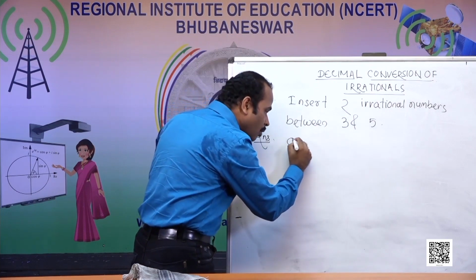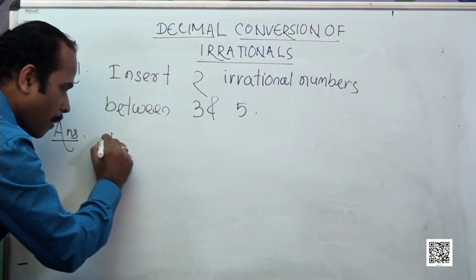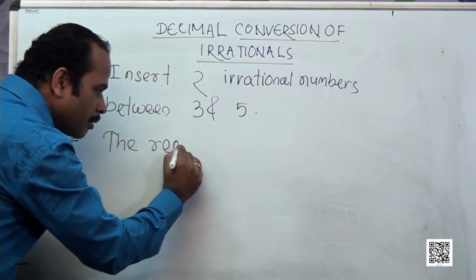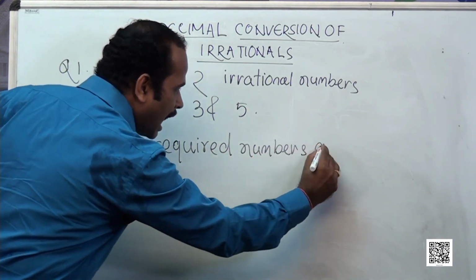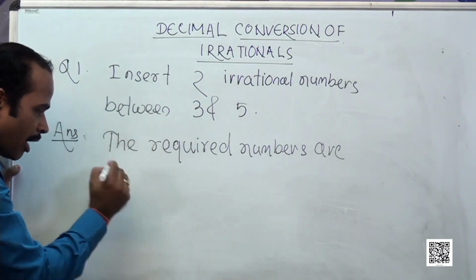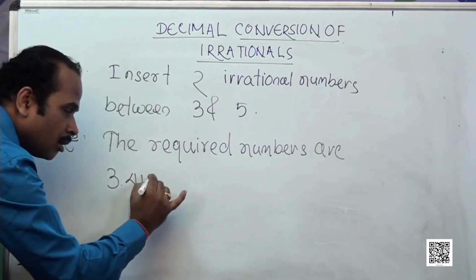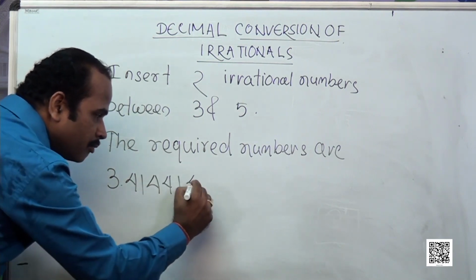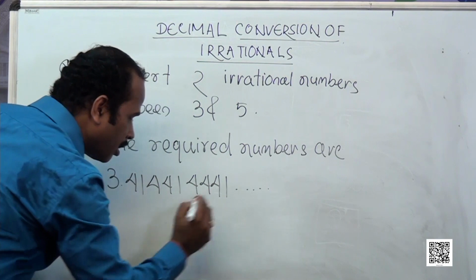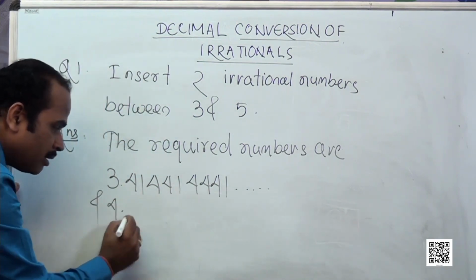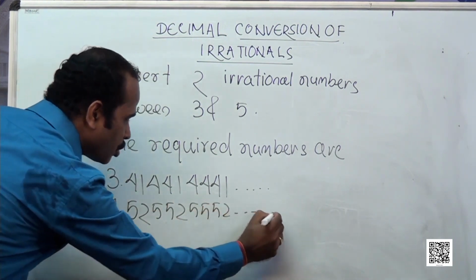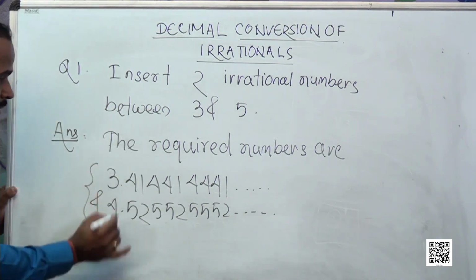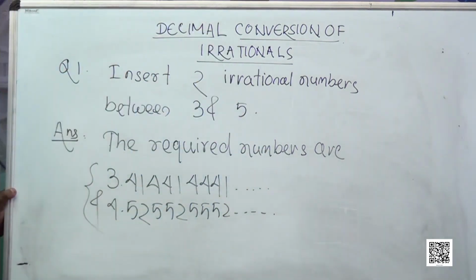So I can write the required numbers are 3.41, 441, 4441 and so on, and 4.52, 552, 5552 and so on. Look at these numbers, now they lie within this 3 and 5 and they are irrational numbers.